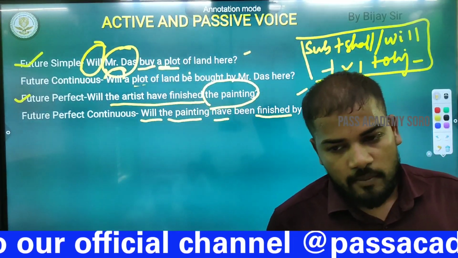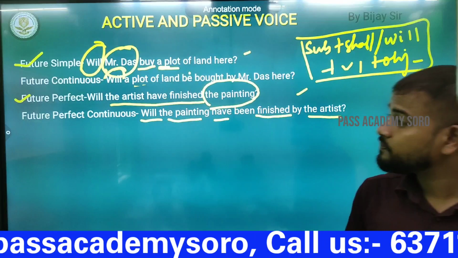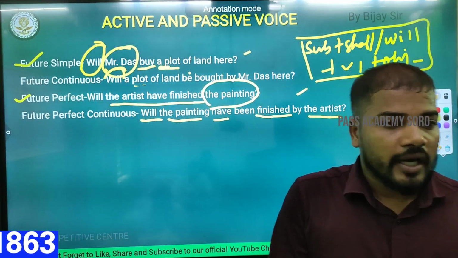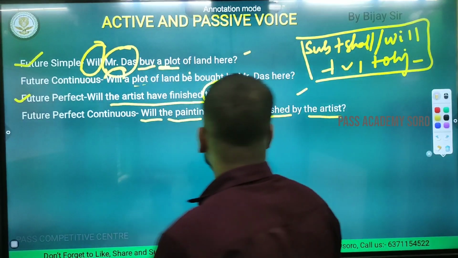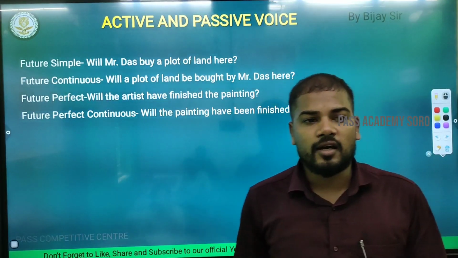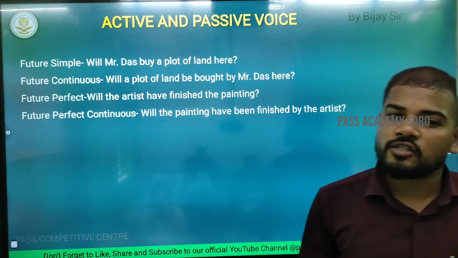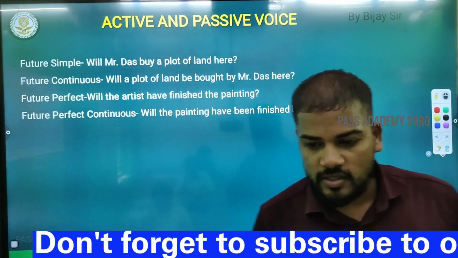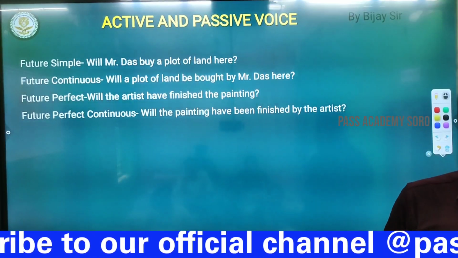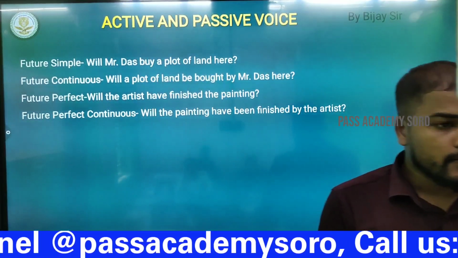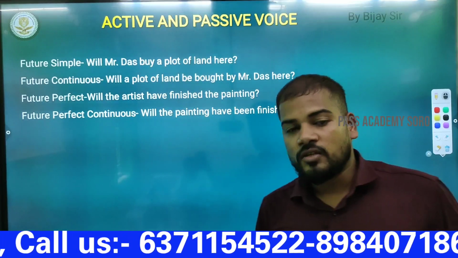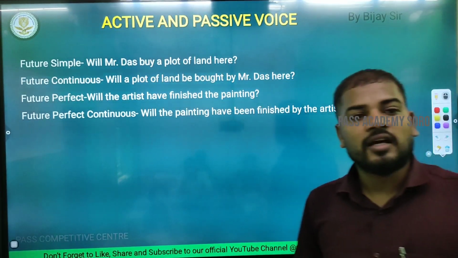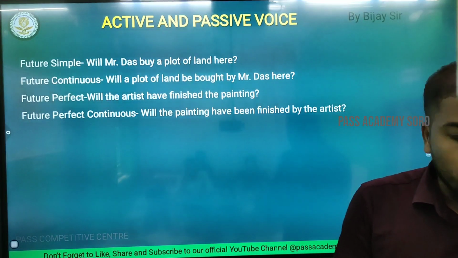The rule will remain the same, but there is some difference in the way we change imperative and exclamatory sentences. So now we are going to learn how to change an imperative sentence into passive voice.